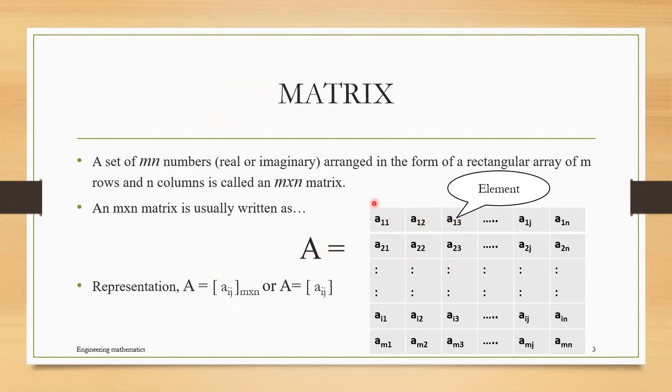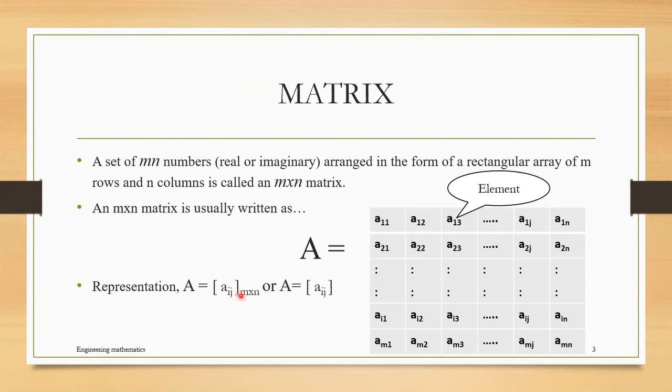And how can we represent a matrix? A capital letter is used to represent a matrix, equivalent to the whole bracket and the small element aij. Here ij shows the position of the element inside the matrix: i shows the row and j shows the column.